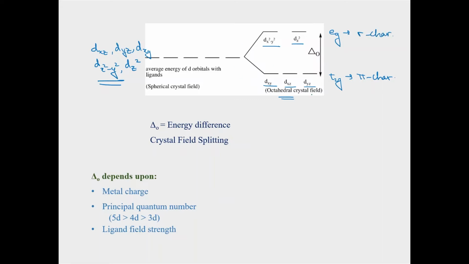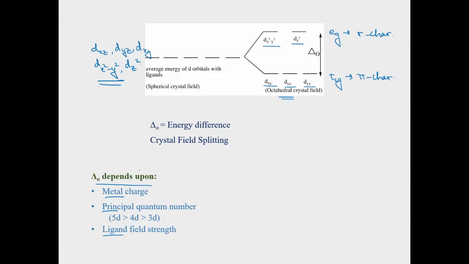The difference between this T2g and Eg orbital is the crystal field splitting. This is the energy difference. So this crystal field splitting depends mainly on three factors: the first one is metal charge, second one is principal quantum number, and third is ligand field strength.